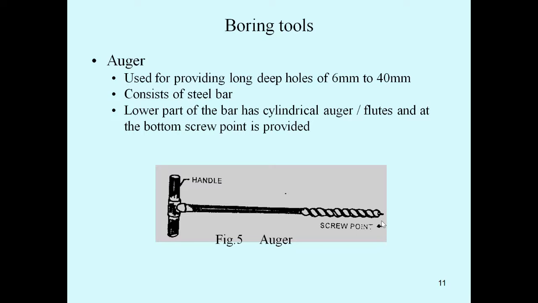At the bottom, a screw point is provided. You can see here, after the flutes, at the bottom there will be a screw point. This screw point acts as a pivot and also helps in marking the centering on the workpiece.